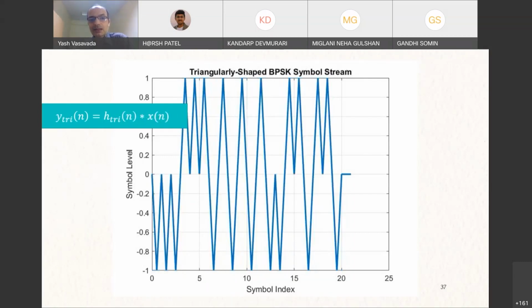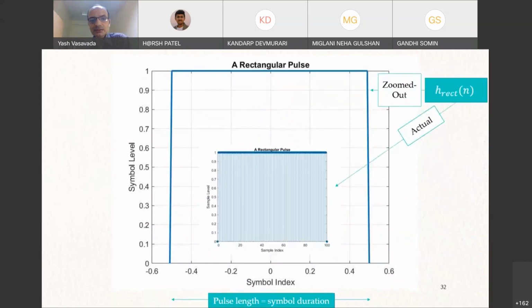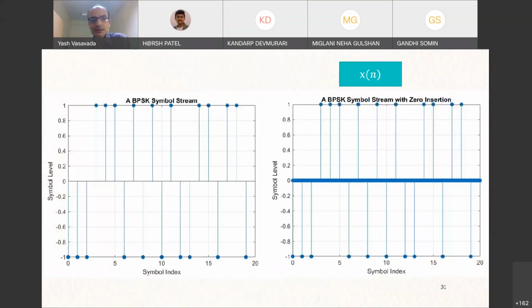If I pass it through a triangular, this came out. Instead of rectangular pulse, now it became triangular. Each of these impulses that was there before got turned into a pulse. So remember, the first three symbols are -1, next three are +1, then again -1, and so on.